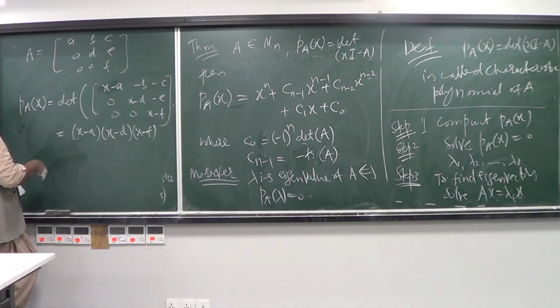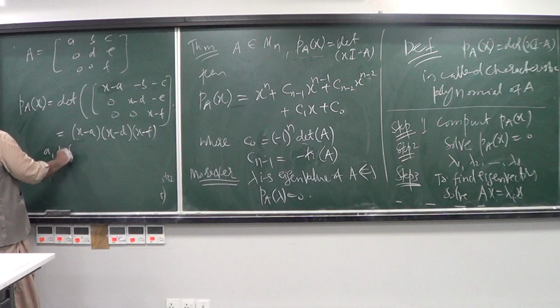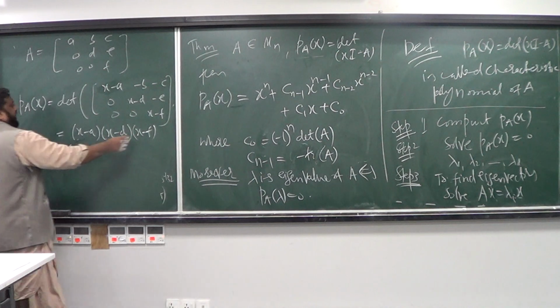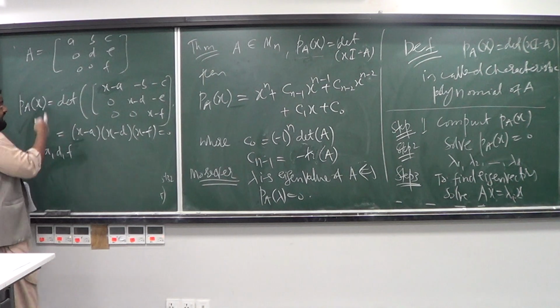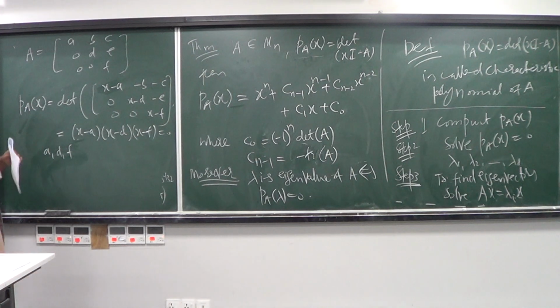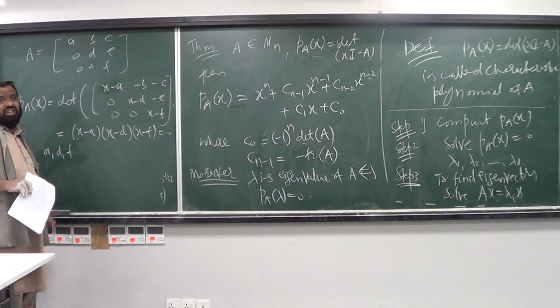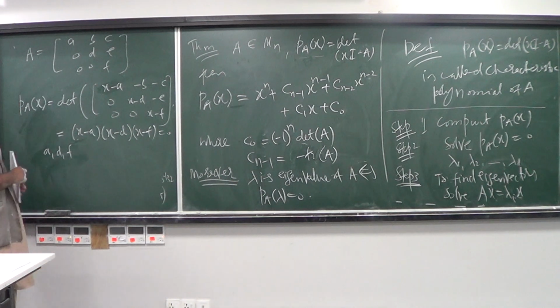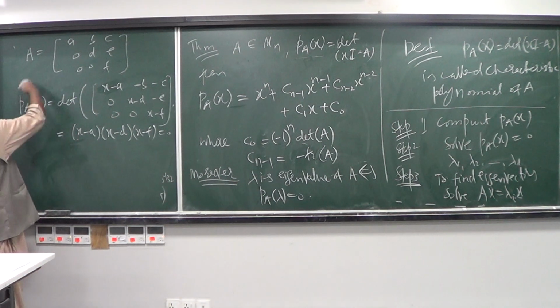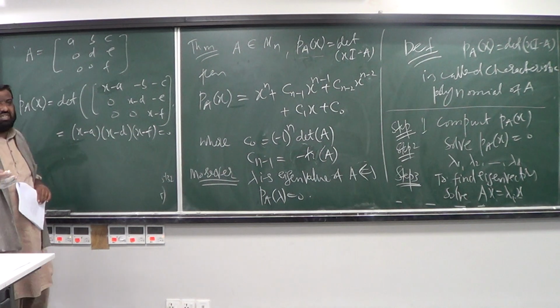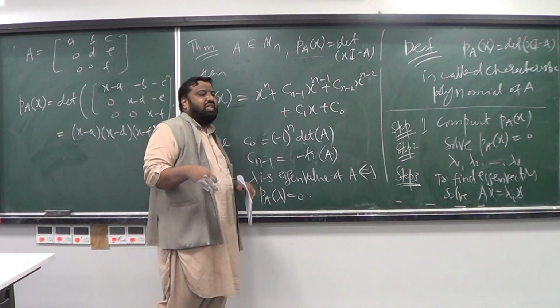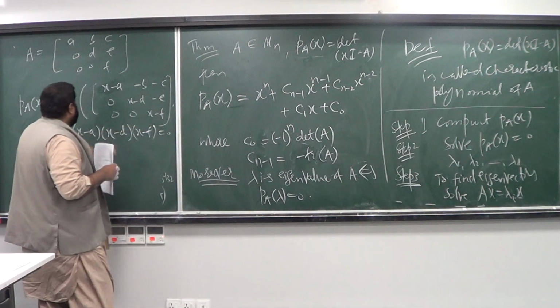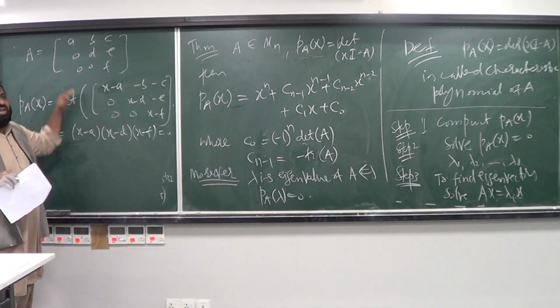So what would be the eigenvalues of it? It's going to be a, d, and f, because if you equate them to 0, x is going to be a, d, and f. These are the eigenvalues of this matrix. In other words, the diagonal entries are eigenvalues of this matrix. So if you have any upper triangular or lower triangular matrix, you don't even have to solve the characteristic polynomial.